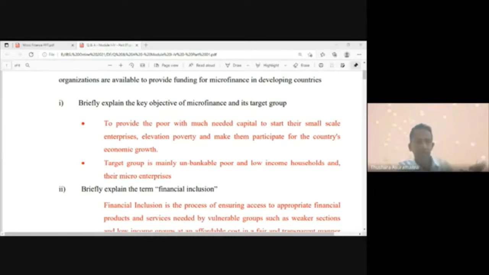So on one page, you can say microfinancing question. What is the area? You need to say 1, objectives, target group, financial inclusion, and so on. So 5 or 6 things that you need to be ready with for the answer. So answer plan: 1, 2, 3, 4, because it has been given, say objectives, target group, 2, inclusion, 3. This is the answer plan.